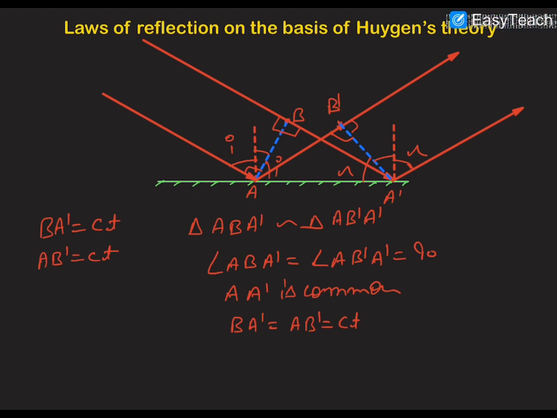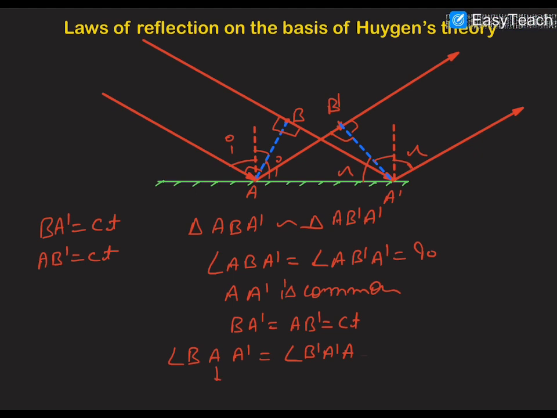So by the property side angle side, these triangles are congruent, and therefore we can say the angle BAA dash and angle B dash A dash A will be equal.